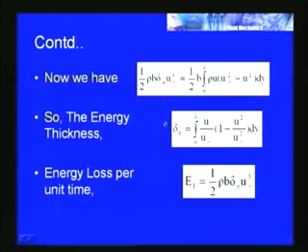Finally, we can get an expression for the energy thickness as delta E is equal to integral 0 to delta u by u infinity into 1 minus u square by u infinity square dy. So this is defined as the energy thickness, and also we can calculate the energy loss per unit time as EL is equal to half rho b delta E u infinity cube. So this is the energy loss per unit time, and the energy thickness delta E is defined here.